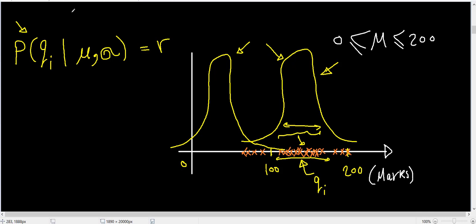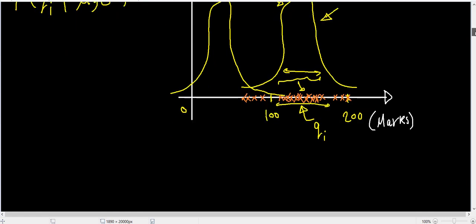Now, if the probability of any point of those to exist is high, then the product of all of those probabilities must be as high as possible. So here we define something called the likelihood function.